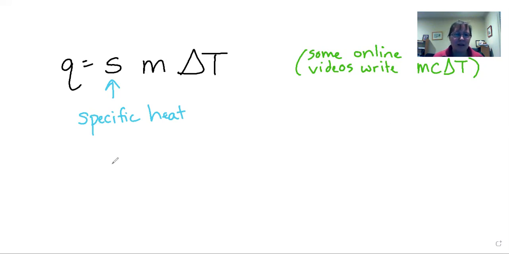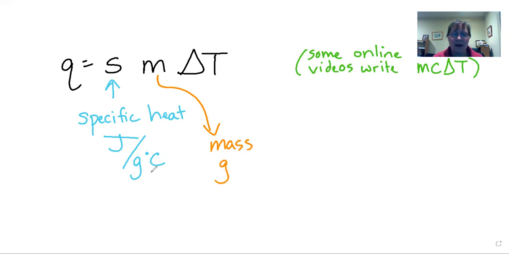You don't really need to know that too much, except that the units for specific heat are in joules per gram degree Celsius. Because of that, the M, or mass, has to be in grams so that it agrees with our constant. And then we will have delta T.